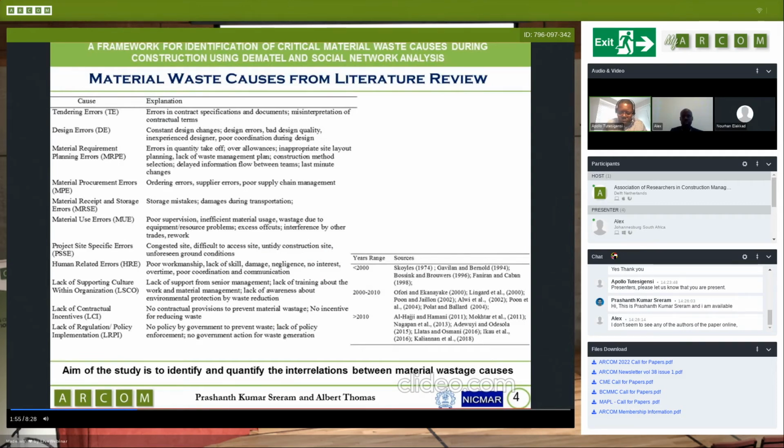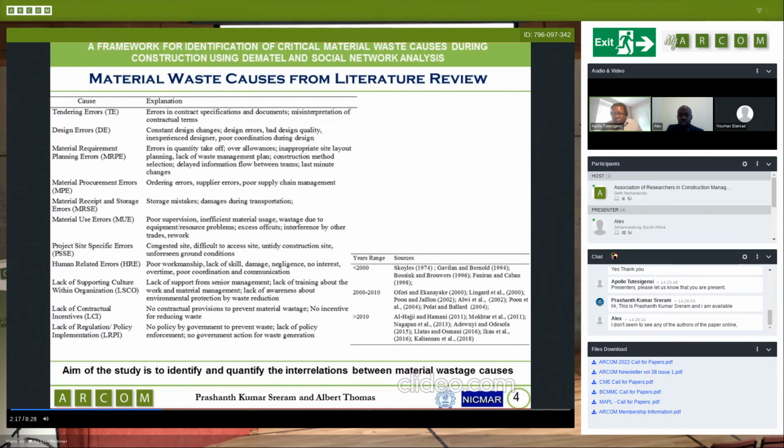So, in order to reduce material waste, we need to first understand the reasons for material waste causes during construction projects. The literature review has indicated numerous causes, and these are identified and grouped under 11 categories as shown here.